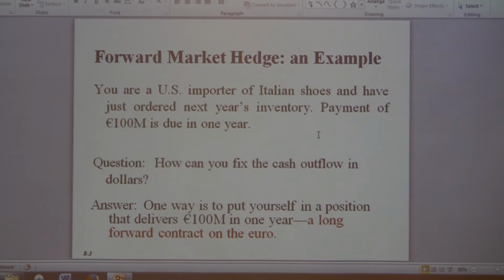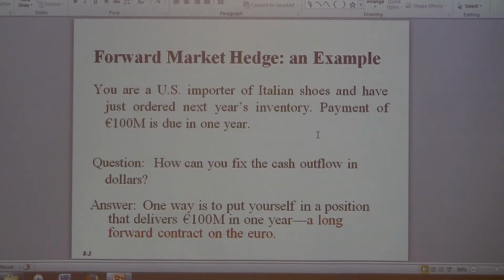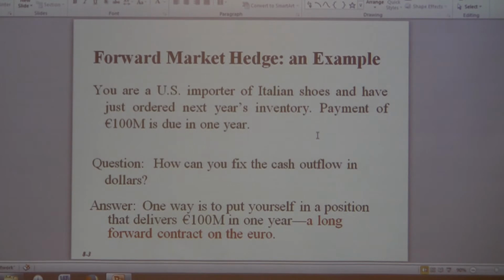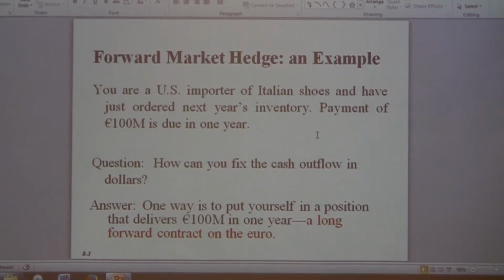On the other hand, if it goes to 1.2, you pay 120. Okay? If it goes to 1, you pay 100 million, and so on. Okay? So basically here, this tells you how much you have to pay if you are unhedged.